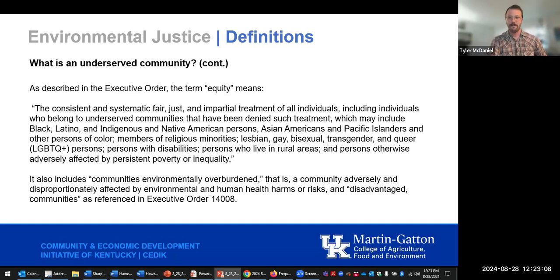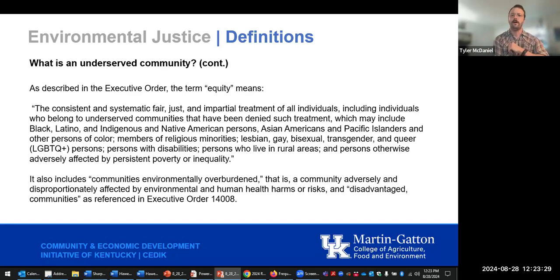And just thinking about this idea of people being treated fairly, consistently, and impartially throughout these decision-making processes, and thinking about how people are impacted by poverty, inequality, low income, things like that.